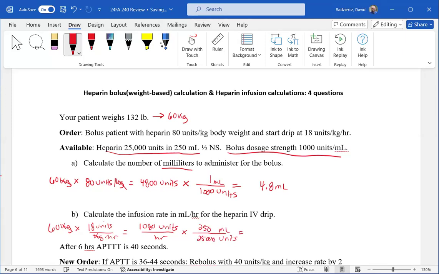And then I'm going to get an answer of 10.8 milliliters per hour. Make sure that looks like a 10, not a 6. There we go. Okay. So that's how you do the bolus dose and the heparin infusion.